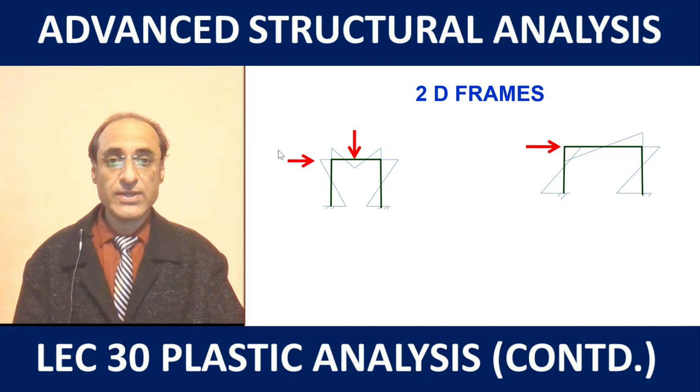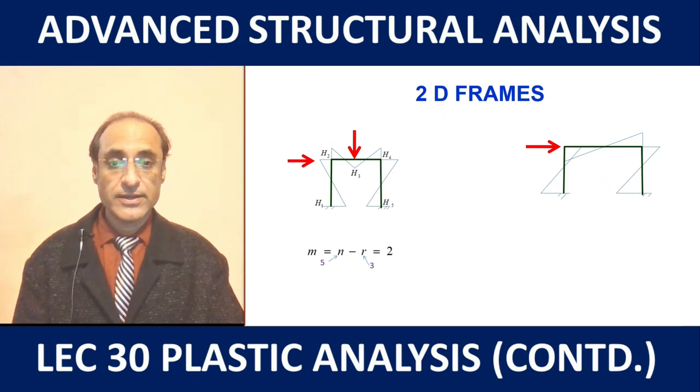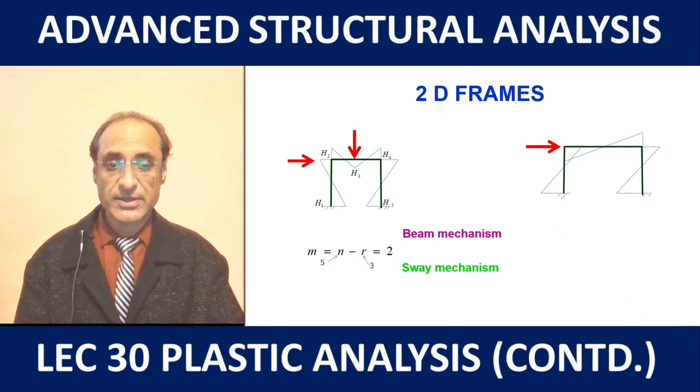For example, if the frame is under a combination of horizontal and vertical loads like this, then there are 5 possible hinge locations as shown here, and if we apply this relation we get 2 independent mechanisms. So these will be the beam and the sway mechanism, as we will learn in the coming slides.